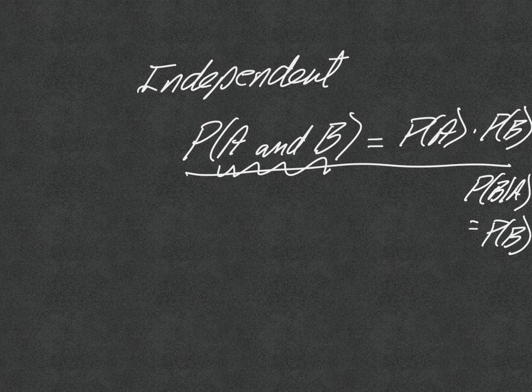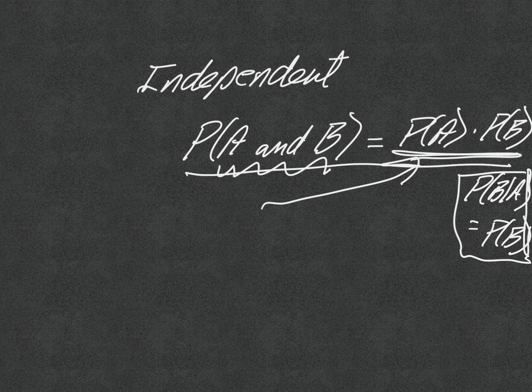So if this happens to be true, our formula for the multiplication rule changes to this. And if this is true, that means the two events A and B are independent. That's something that you want to keep in mind.